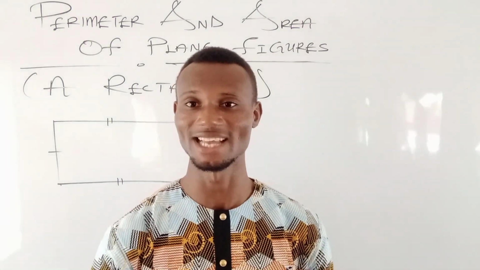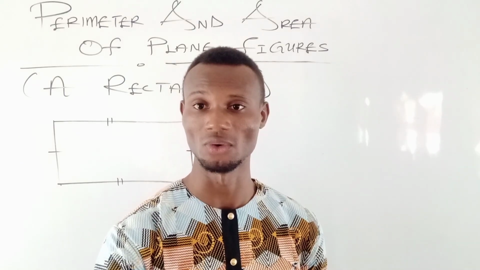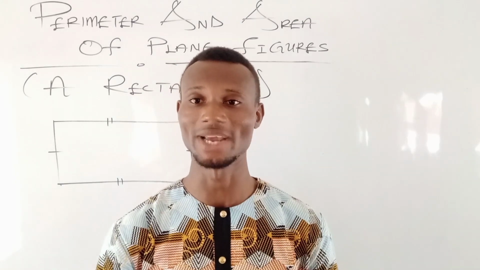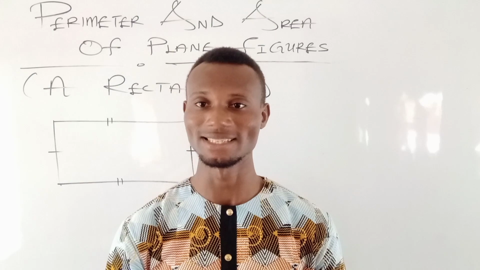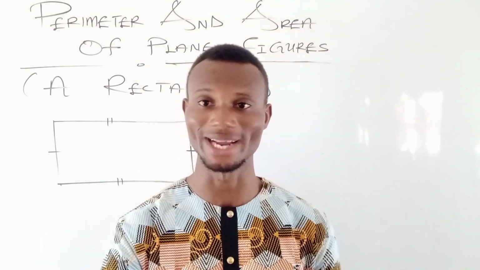What that means is that we cannot touch it, it's not tangible. We can only see it. We can only draw it on the board or on a paper. When it comes to holding it, we cannot hold it, we cannot touch it.